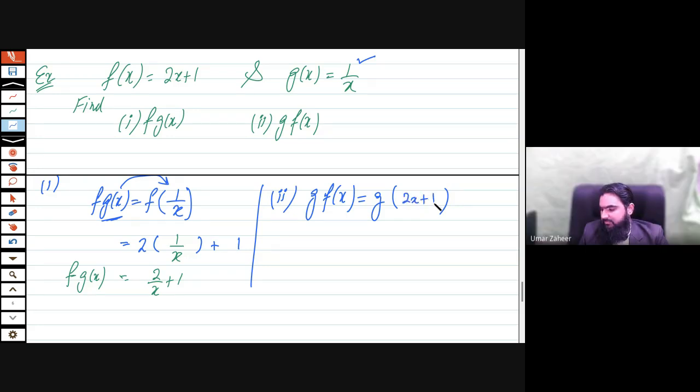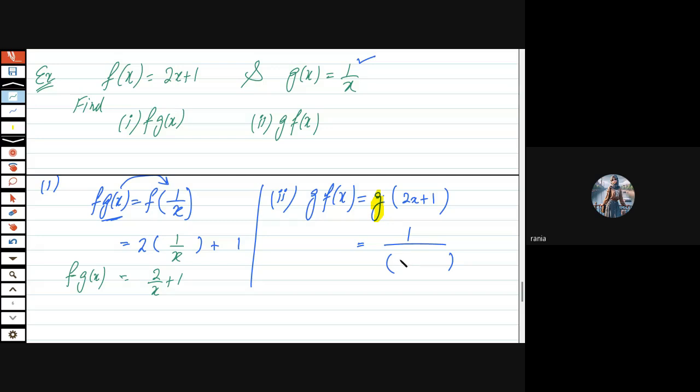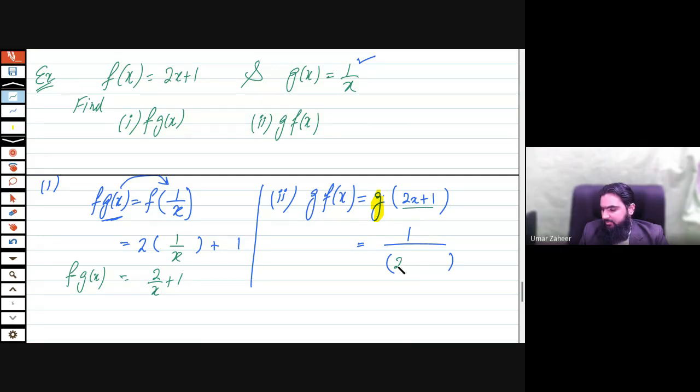Now the g function is applying, and the g function is 1 divided by x. What do we have to substitute at the place of x? The input, 2x plus 1. So it is 1 divided by 2x plus 1.